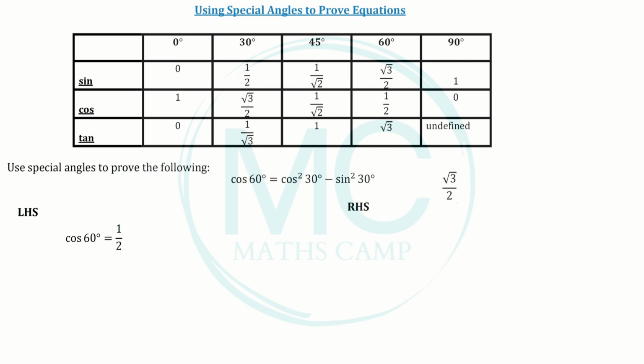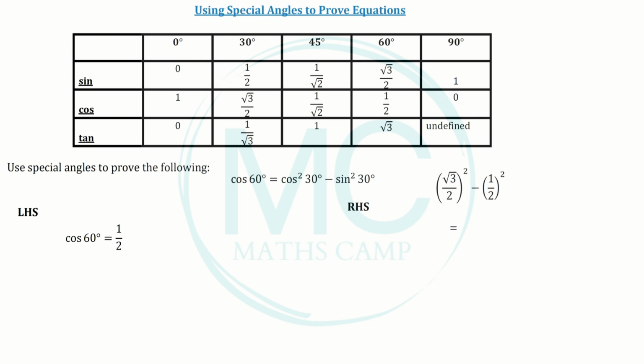But we want cos squared 30 degrees. So let's put our fraction into a bracket and square it. Then we're going to minus the value of sine 30 degrees, which we can see in the table is 1 over 2. Again, we want sine squared, so let's put this fraction into a bracket and square it. Now we can square our fractions.